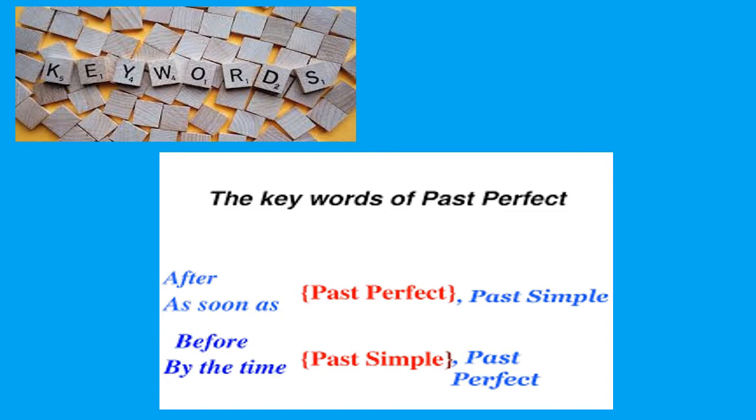We here also can use the word before, by the time, and when in the middle. So the sentence will be past perfect at the very beginning, had plus past participle, before, by the time, or when in the middle, and after that a sentence in the past simple.